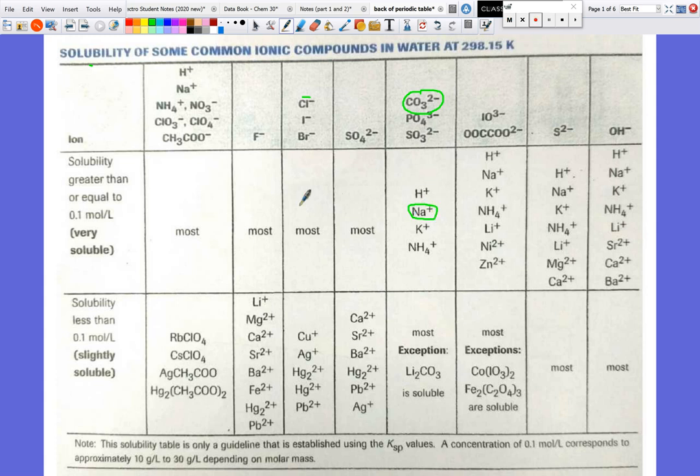Well, sodium falls in this top row, so it's going to be listed as very soluble. Whereas something like sulfate, if we had this, and it pairs up with something like strontium, notice that this combination is in the bottom row, so we're going to classify this as slightly soluble, or it's going to stay as a solid.